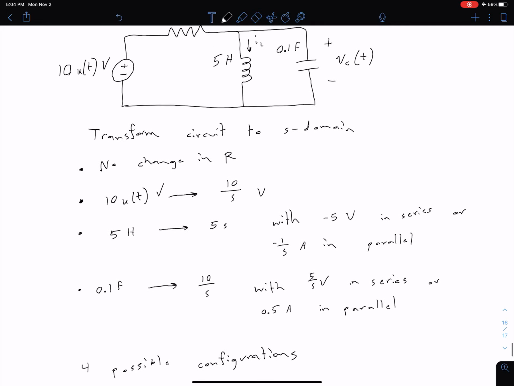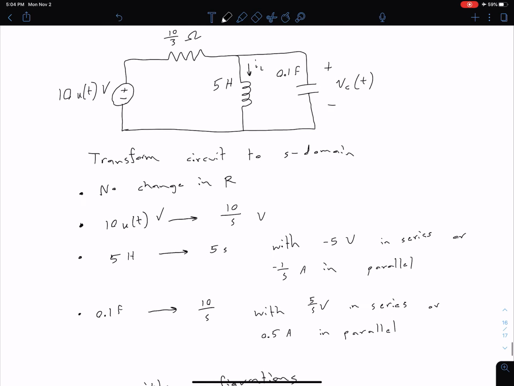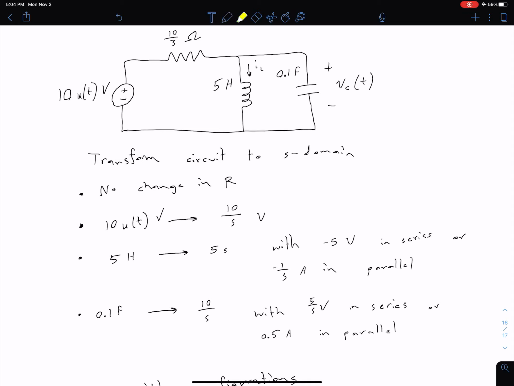Probably the easiest thing to do would be to look at using node voltage method. If we did node voltage method, we could choose the options with our current sources. If we choose our current sources in parallel, we would just need one node voltage equation. But we've looked at node voltage method in several of our examples, so let's instead plan to analyze the circuit with mesh current.